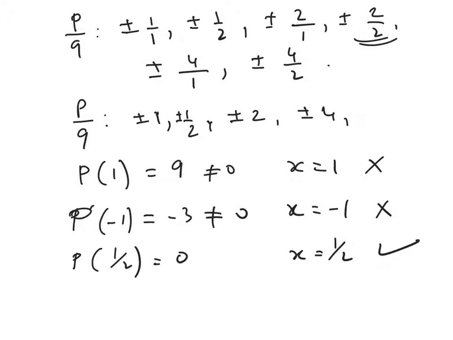Now, there are many ways to proceed from here. We found one zero. We can continue and check the remaining terms in the list of possible zeros, or we can proceed as follows.